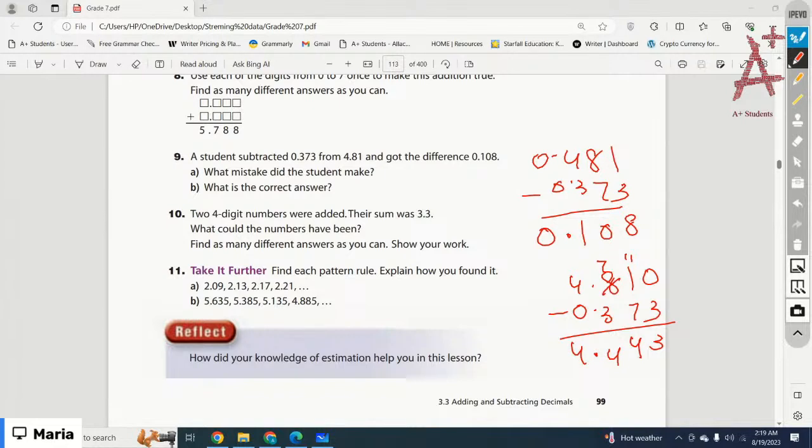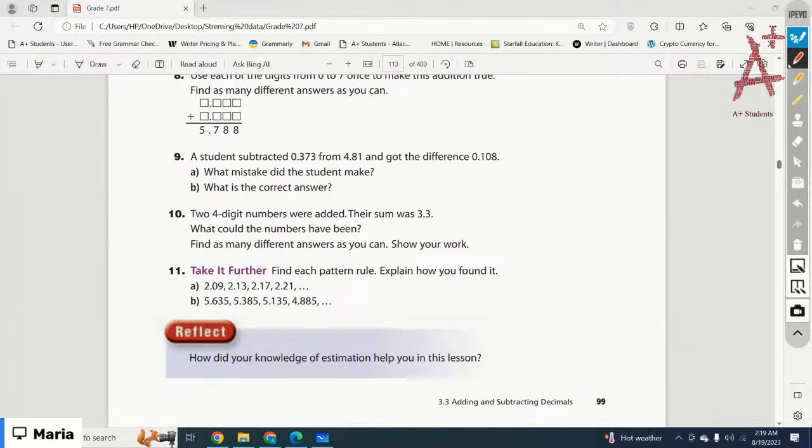That is the answer if he couldn't make a mistake, right? That could be the difference, right? 4.437. Okay, so that's the mistake he made.